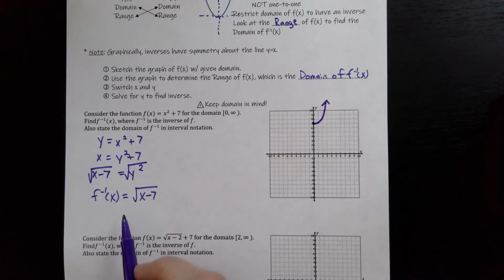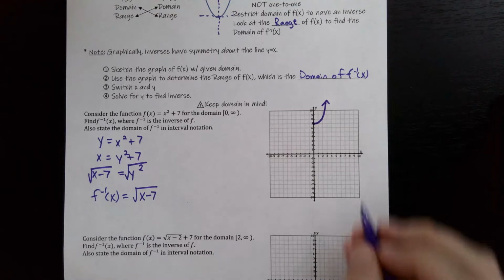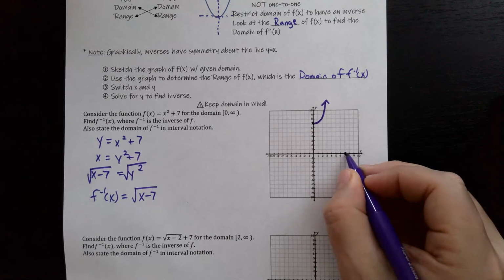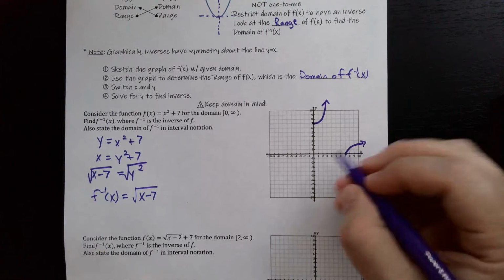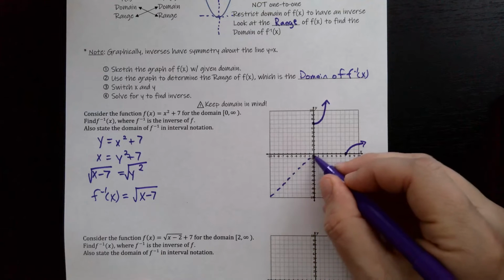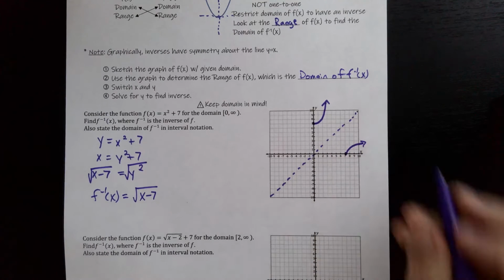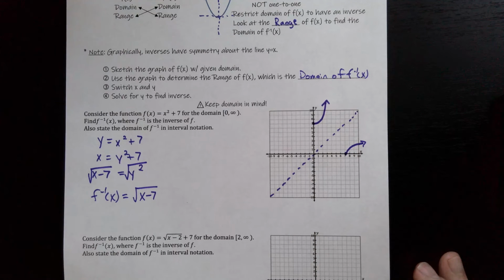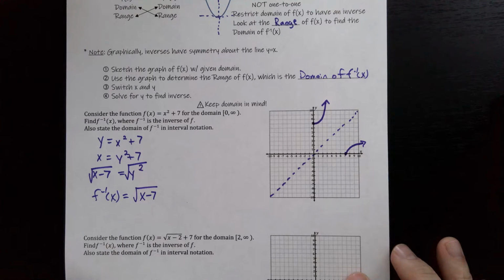Now when I graph my inverse function, it's a square root function that's been shifted to the right by 7. So I'll start here and go this way. Notice that you should always get a mirror image on either side of the line y is equal to x, and we do.